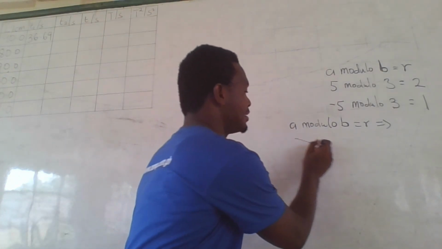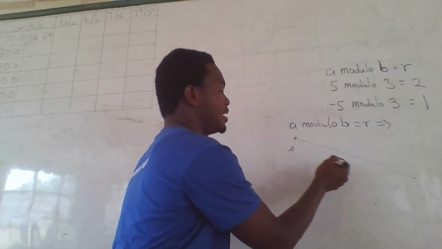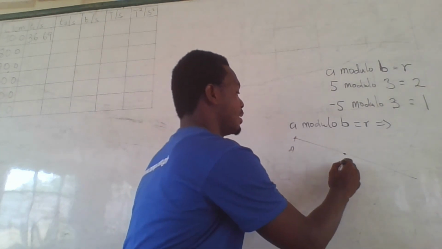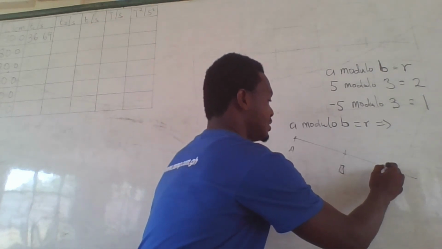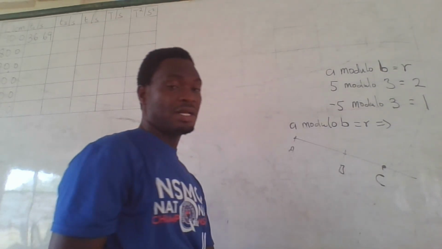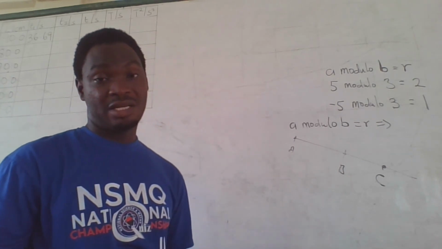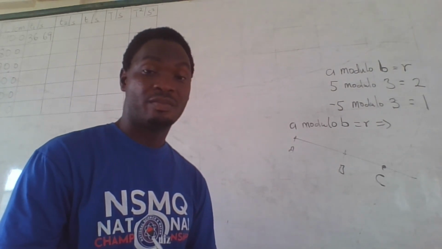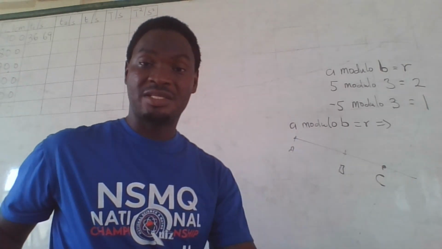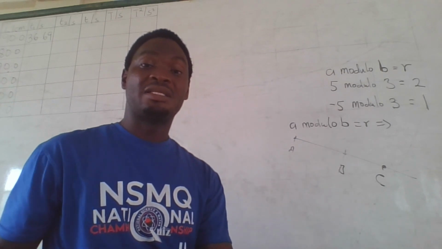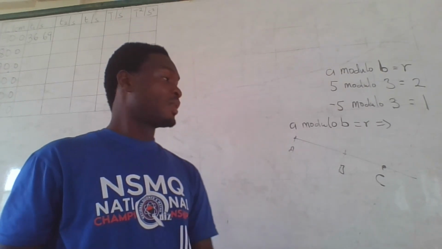So let's have a line segment. Let's have A here, B here. So this is the line segment. So C can be a point here, dividing the line segments in the ratio m is to n. All that the mathematician means when he says C divides AB in the ratio m is to n is this.